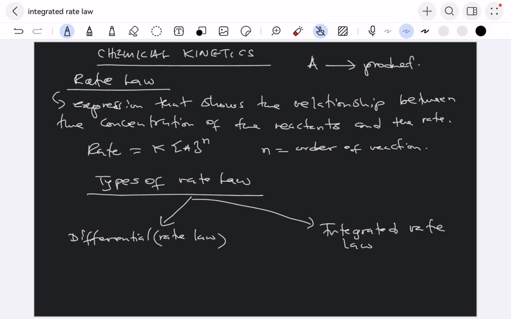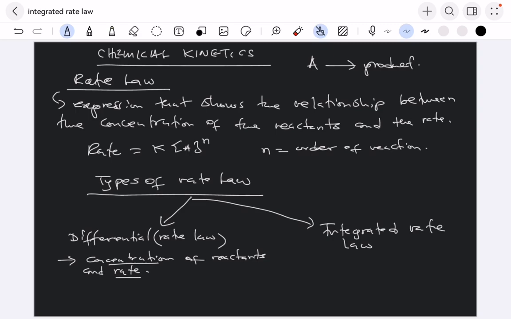The differential rate law focuses on the relationship between the concentration of reactants and rate. Our focus area is to see how the concentration is changing with the rate. So here it's about the rate and the concentration.